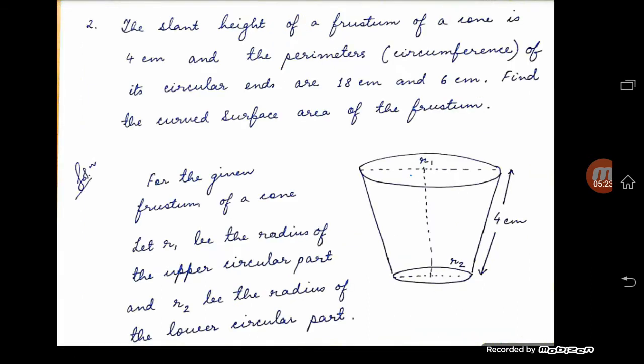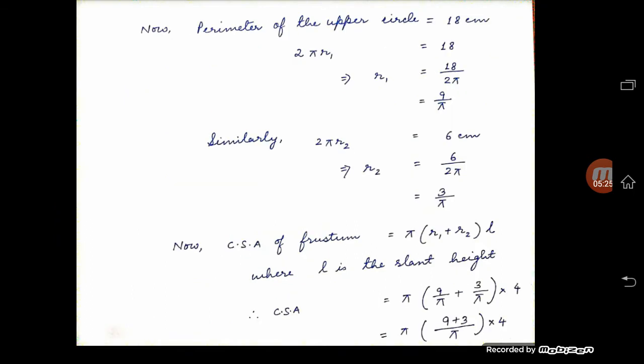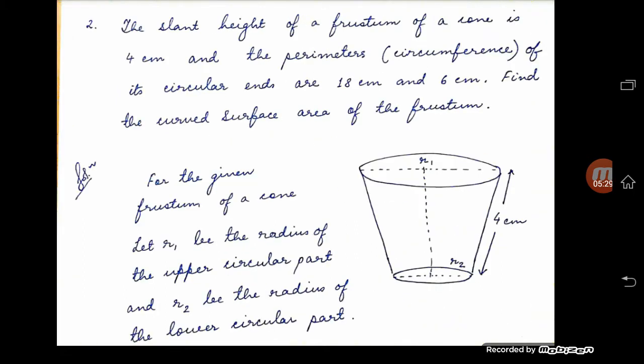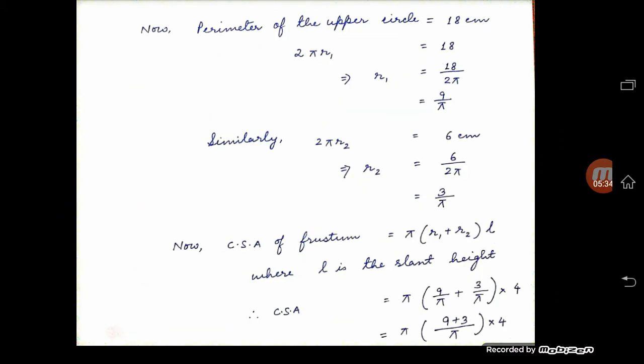Now upper circle radius was r1, so 2 pi r1 will be equal to 18. Since 18 is the perimeter of this bigger circle, r1 will be equal to 18 divided by 2 pi. 18 divided by 2 will be 9. So 9 by pi will be r1.